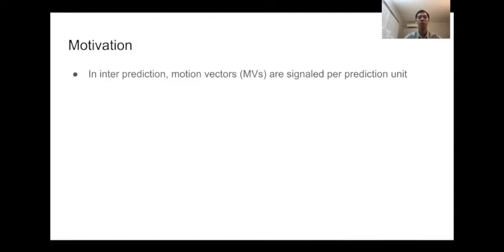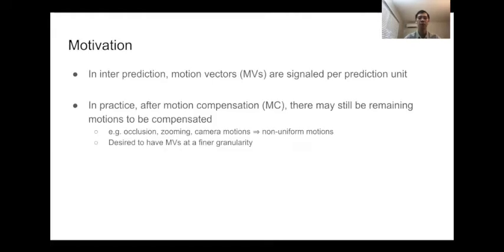For motivation, we consider that in interprediction, typically we define and signal the motion vectors for each prediction unit. In this way, in practice, even after the motion compensation, there may still be remaining motions needed to be compensated.